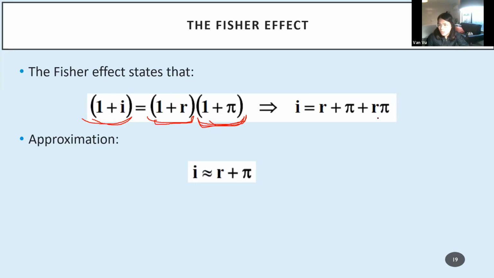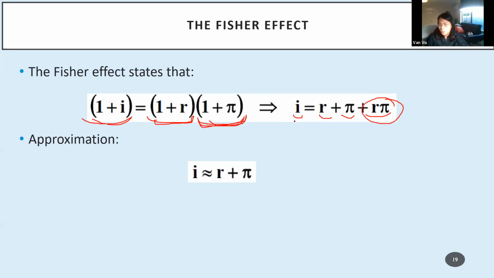If you rearrange the equation, you will find that the nominal interest rate is equal to the real interest rate plus the inflation rate plus a product between the real interest rate and the inflation rate. This term is very small because this is a product between two very small numbers.